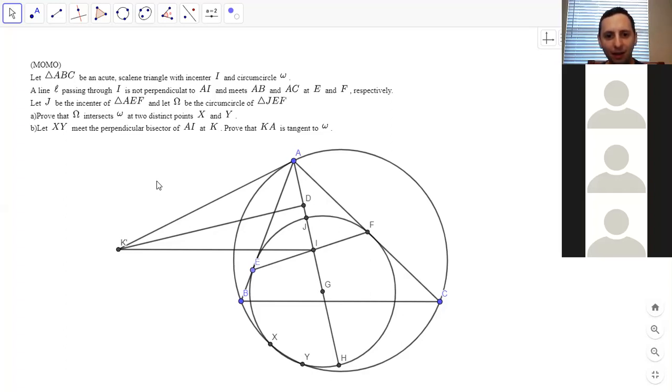So K will lie on the radical axis of point circle I and circle JEF, and so KX times KY will be equal to KI squared, which equals KA squared, and that will solve the problem. Or we could just use the radical axis theorem, with the circumcircle, the big circle, and the point I.